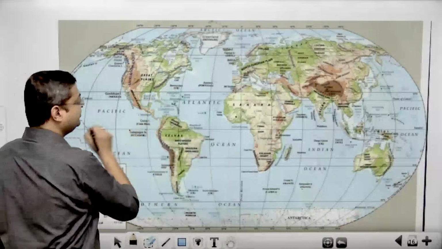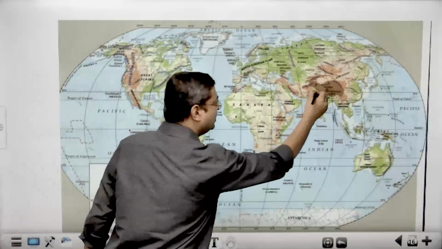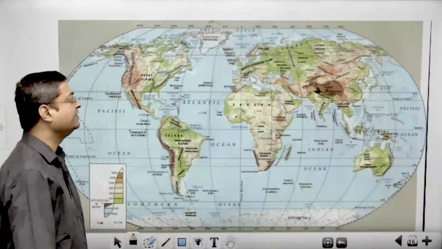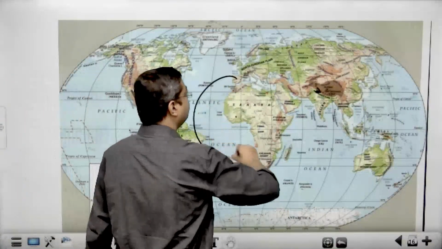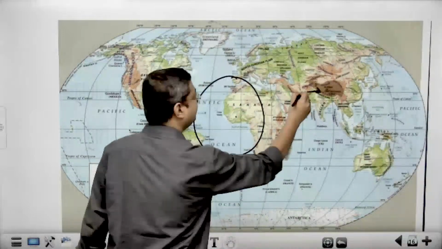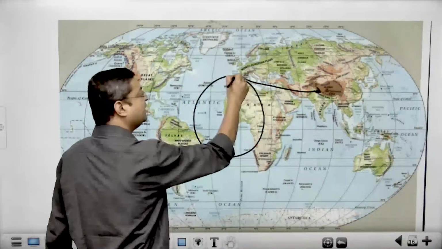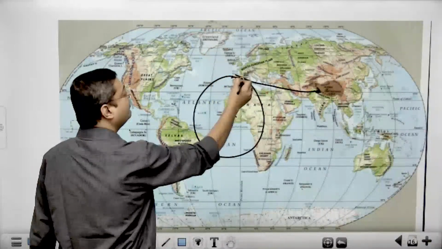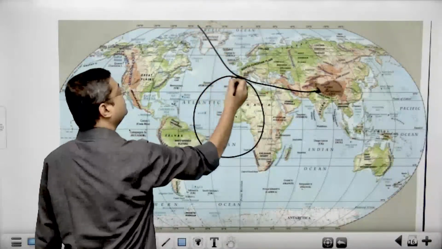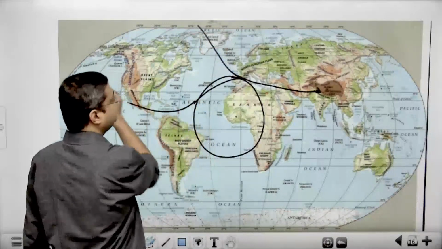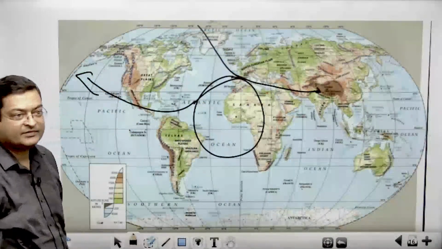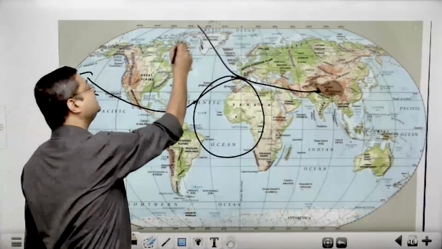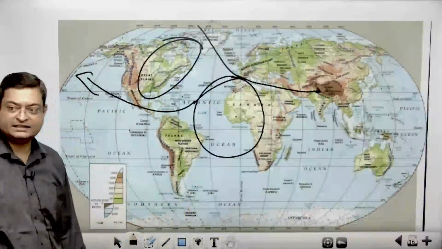Let us suppose that an earthquake is going to occur in the Himalaya. Himalaya is a very high earthquake zone. So the waves are traveling. Waves will be detected in Pakistan, Afghanistan, Iran and so on. But from one point, it will be deflected. So if there is an earthquake near the Himalayan region, this region is not detecting it.